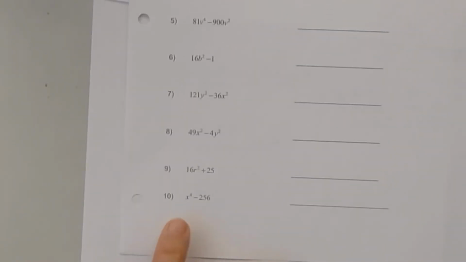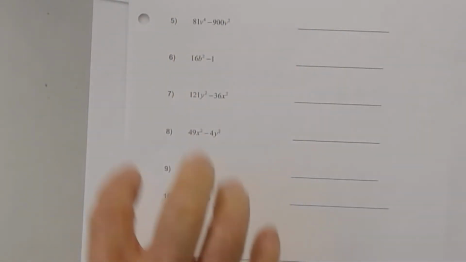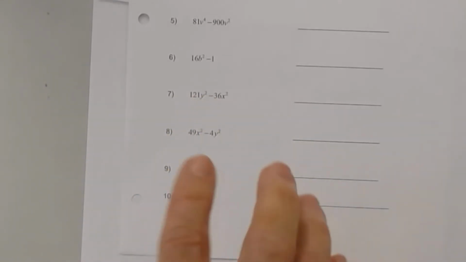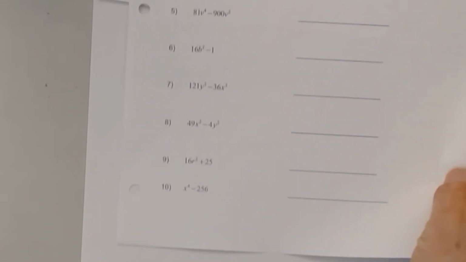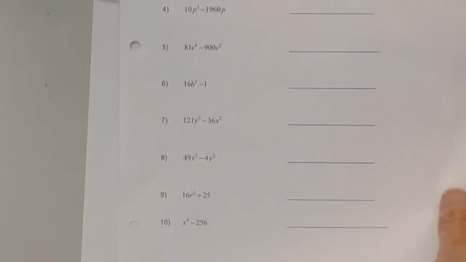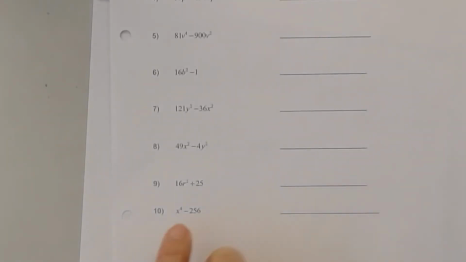Remember, one of these is the sum of two squares. You can obviously tell which one it is. Which one? 9. Because all the others are differences, right? The sum of two squares cannot be factored, so what would you put here? Prime.